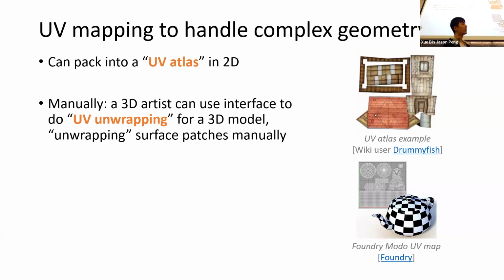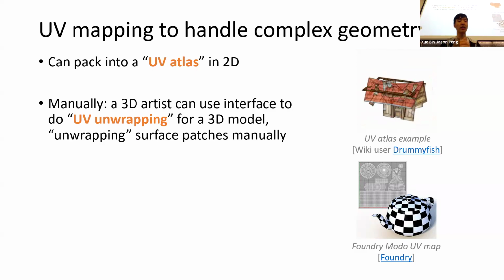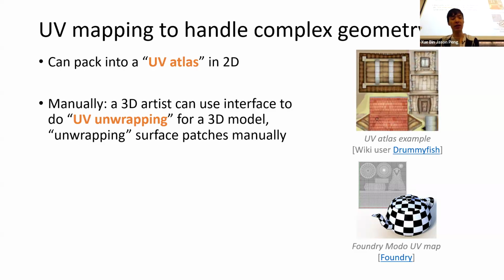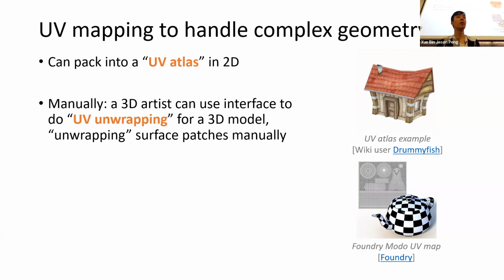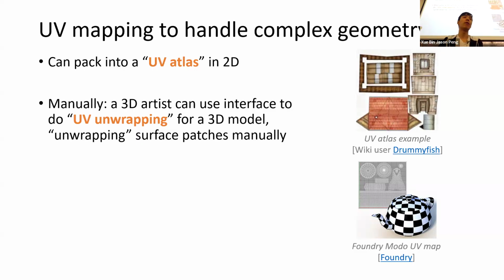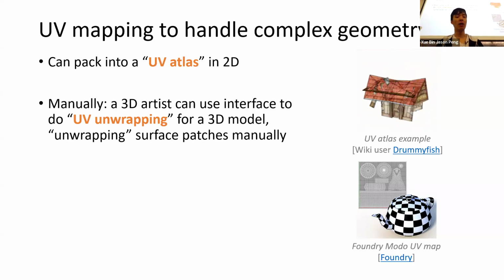But unfortunately, constructing an optimal UV atlas for a 3D mesh is an intractable problem. So trying to find the optimal way of splitting up a mesh into different pieces and flattening it onto a UV atlas, trying to find the optimal partitioning of the mesh, can be very difficult.